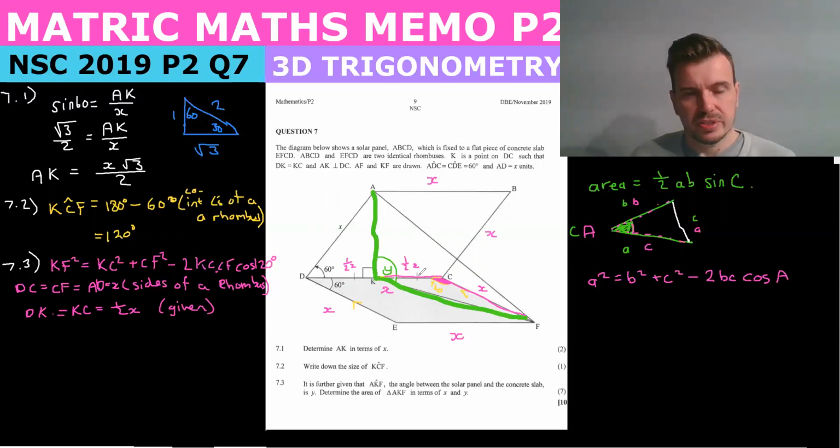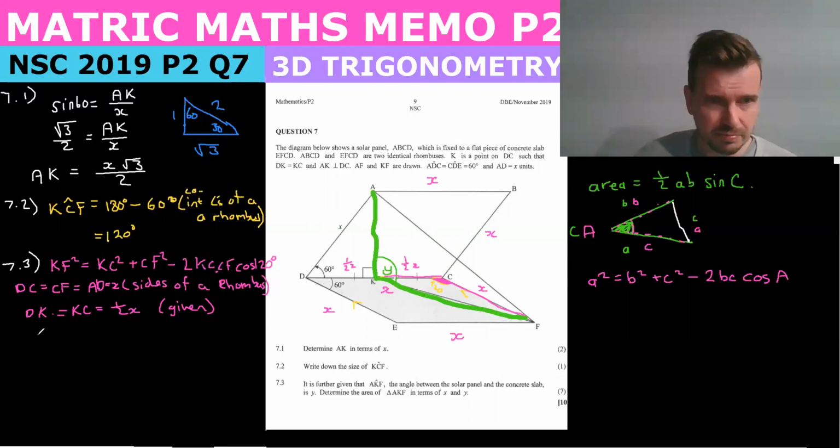So now we've said why we know that KC is a half x and why we know that CF is equal to x. We can then sub in the values.